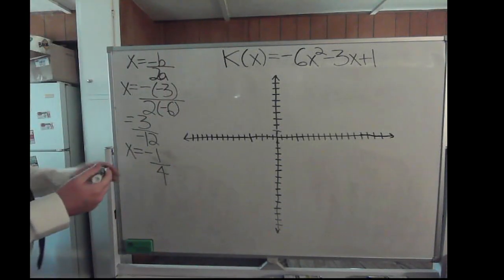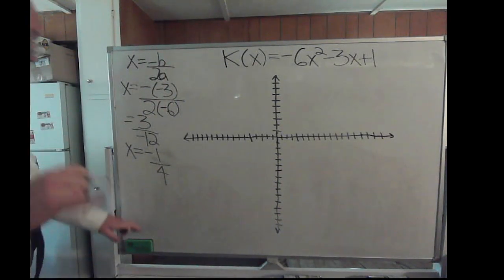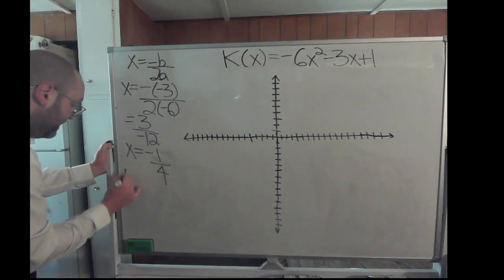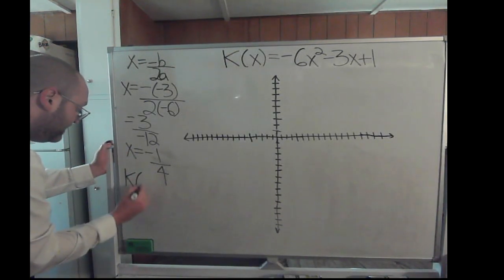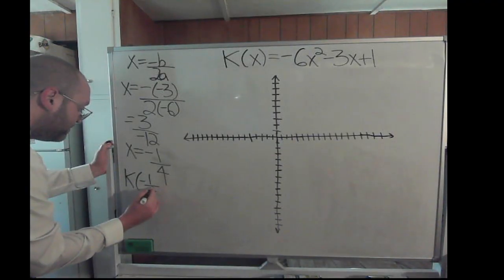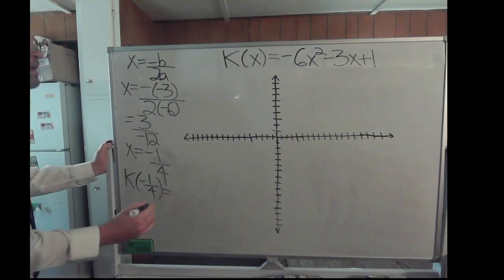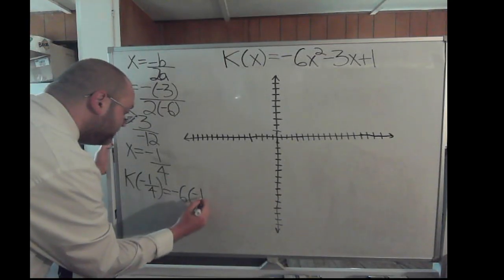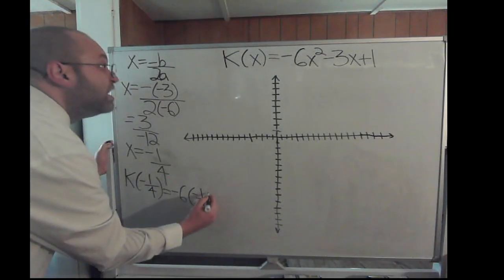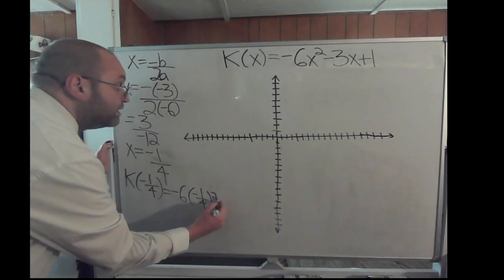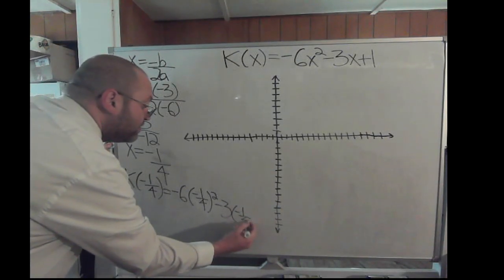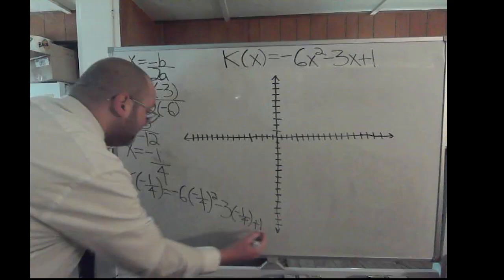But let's find the y-coordinate now of the vertex. You'll put in k of negative 1/4. That'll give you negative 6 times negative 1/4 to the second, minus 3 times negative 1/4, plus 1.